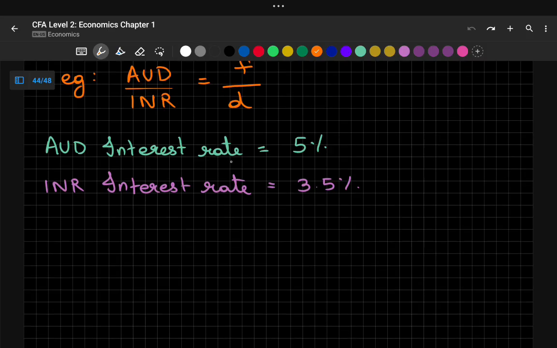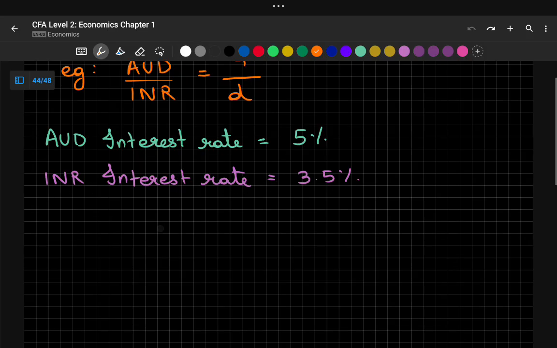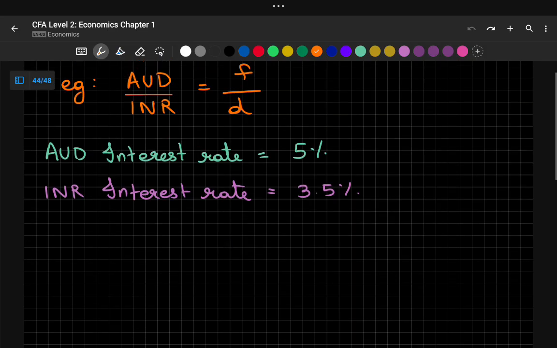Australia's interest rate is given to be 5% and the INR interest rate is given to be 3.5%. Using this, we have to derive the uncovered interest rate parity condition, as well as understand what we mean by it.